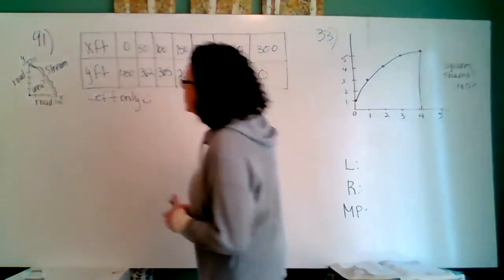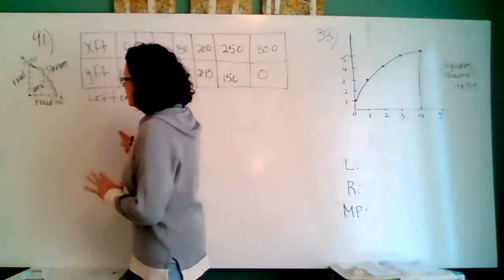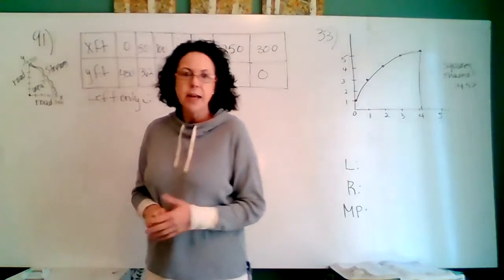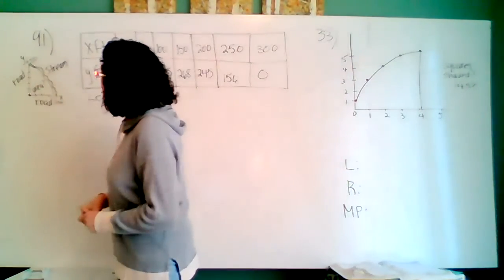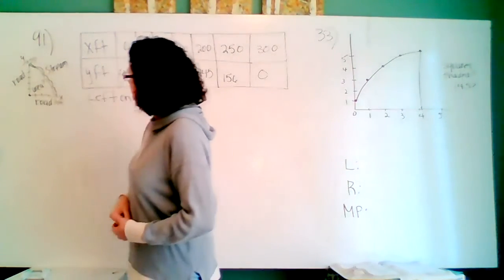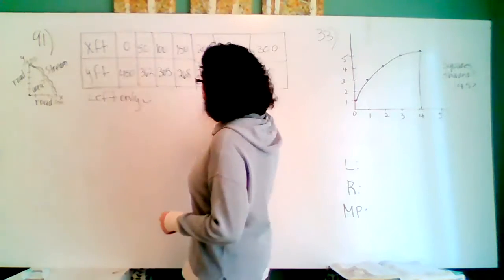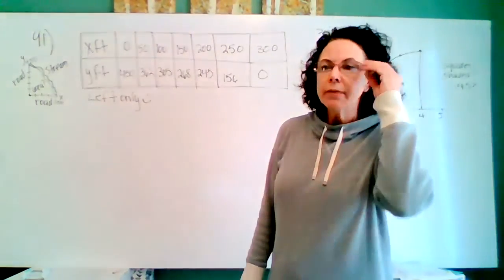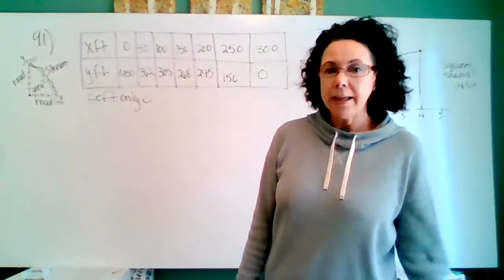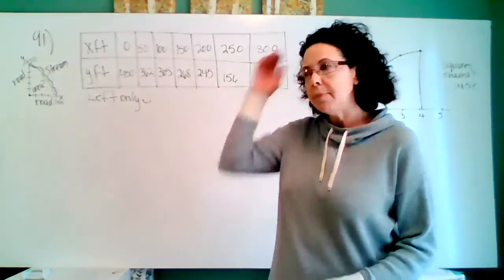So to answer the question they are asking, to estimate the area of this land, you could either use the graph that they gave you, or you can use this chart. Now, you would never use the regression equation they gave you, and you never will on the AP exam.